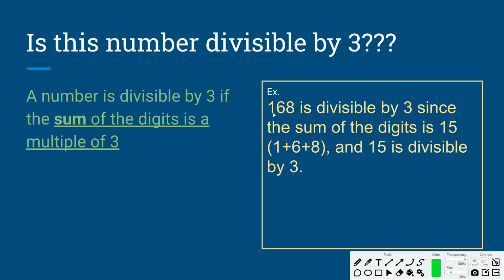So if I add 1 plus 6 plus 8, that equals 15. And 15 is divisible by 3, so we know this entire number then is divisible by 3. So you have to add up all the digits individually and figure out if it's a multiple of 3. And if it is, then that entire number then is divisible by 3.